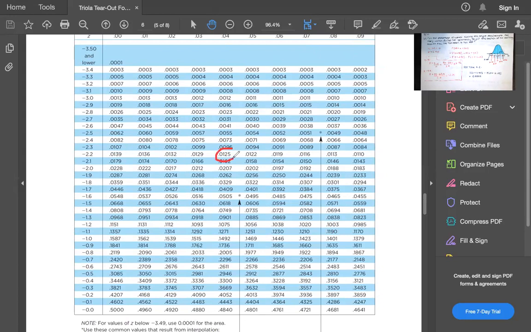I think that's it. Actually, I think it's the next one. There we go. That's the one. The probability for that one, the area to the left, is 0.0122. That first one was wrong. That was not right. I'm trying to put a big X through it. All right, you get the idea.